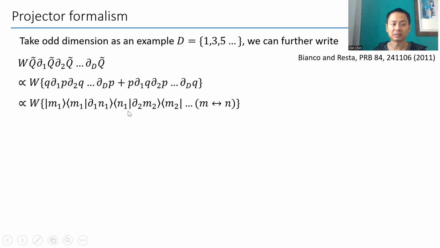Now, this is very nice because then you can use this formalism in this particular paper by Bianco and Resta in 2011, where they proposed the so-called Chern marker, which rewrites the Chern number in real space.